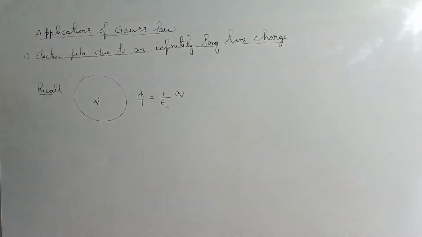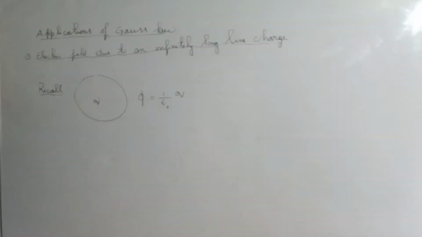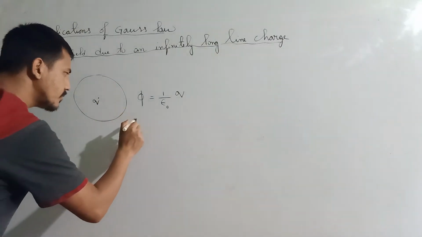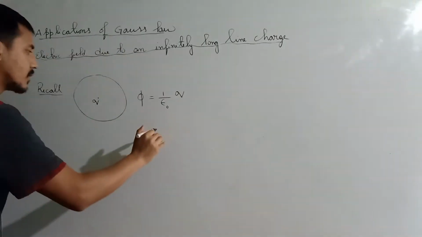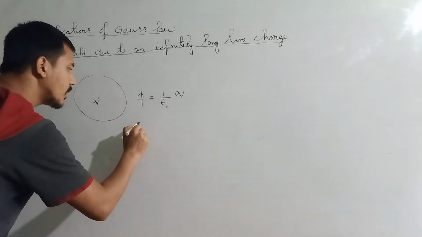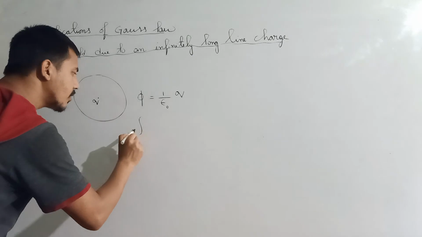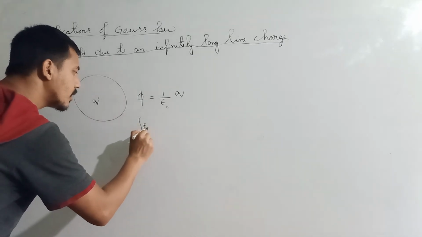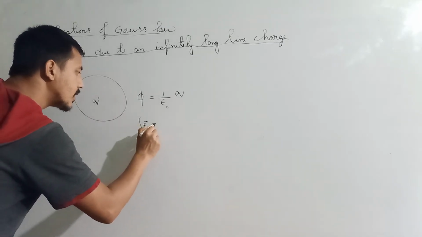Or, in other words, Gauss law also says that this expression can be rewritten as the integration of E dot ds.